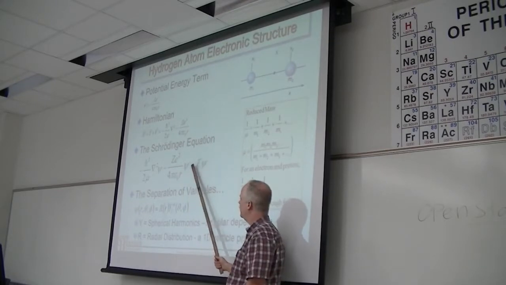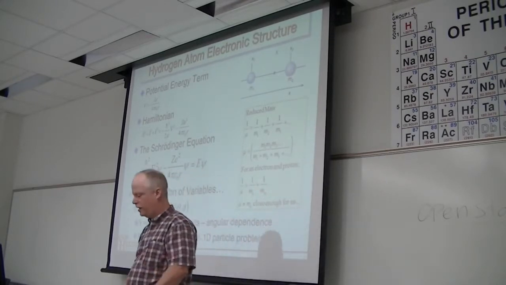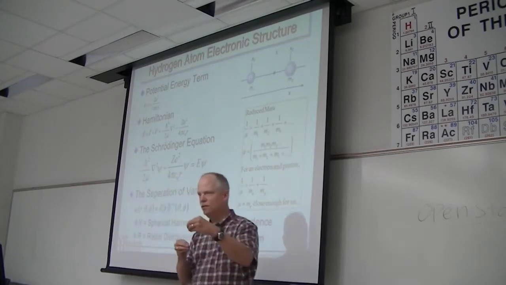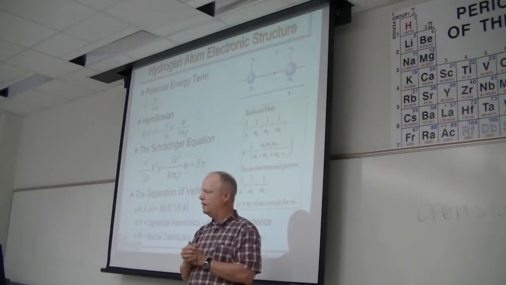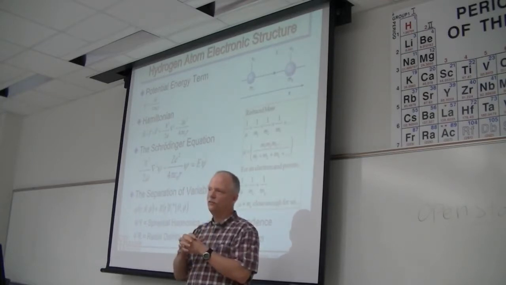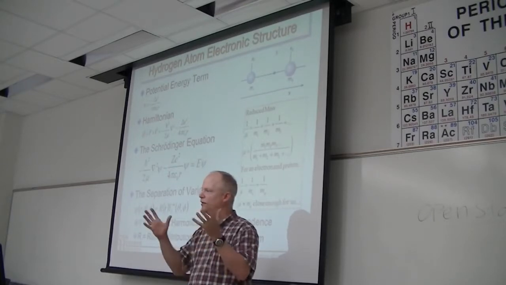We want to look at these wave functions, and because we can separate the variables of distance from the nucleus from the theta and phi parts, we can have 2 portions to our wave functions. That's the first concept you need to think about, and you can write this down.